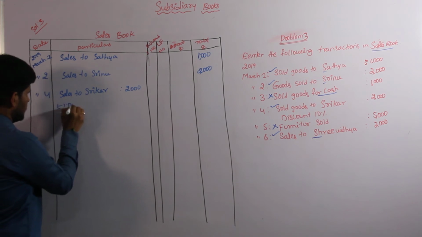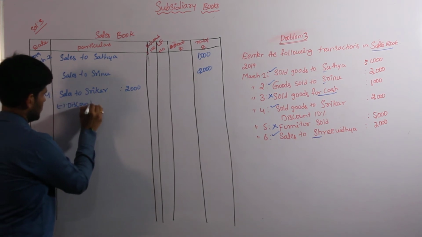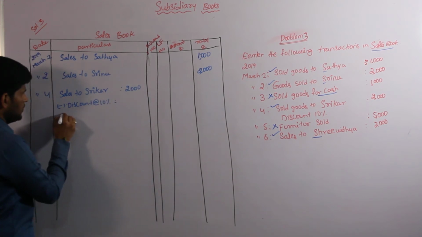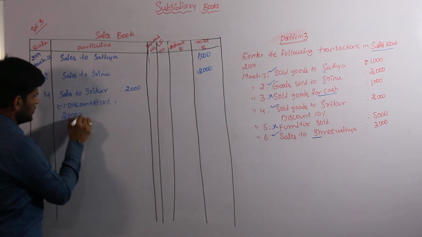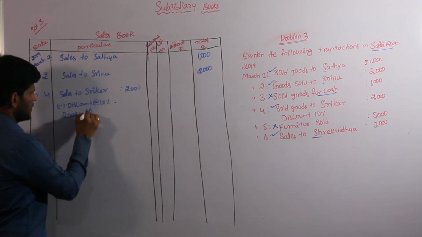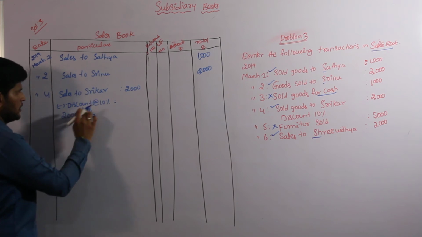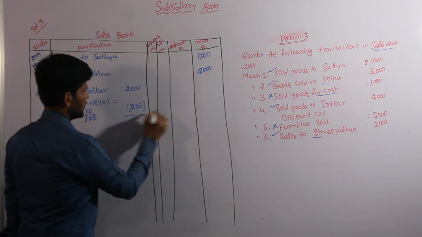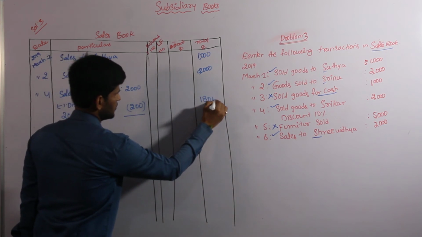Minus discount at the rate of 10% on 2000: 2000 into 10 divided by 100. Zeros cancel, zeros cancel, 200 into 1, 200. 2000 minus 200, 1800.